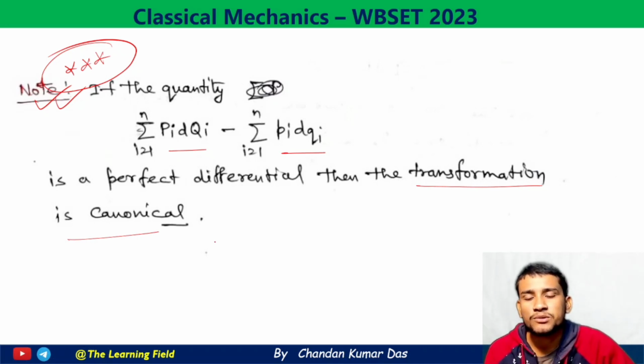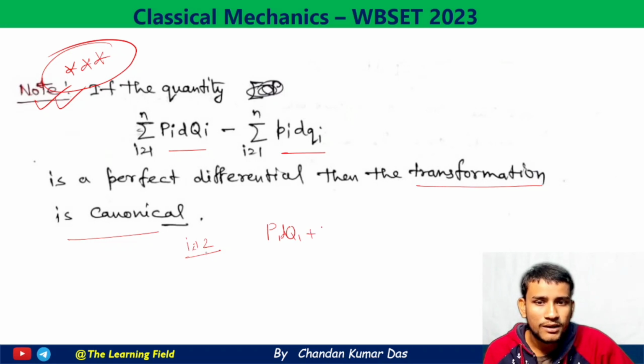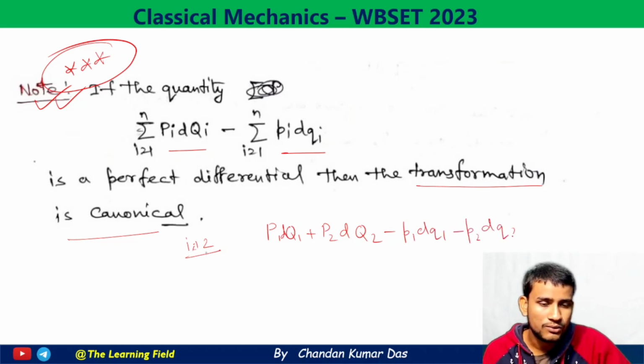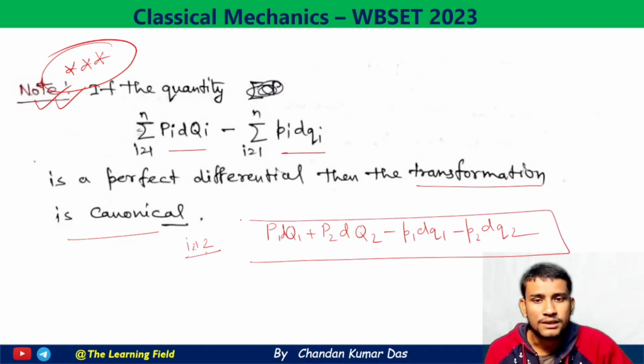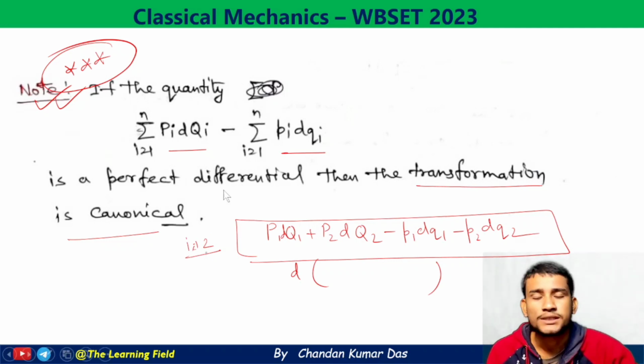That means, suppose i = 1 and 2: if we write P1 dQ1 + P2 dQ2 − p1 dq1 − p2 dq2 as a perfect differential, that is d of something, then the given transformation is a canonical transformation.